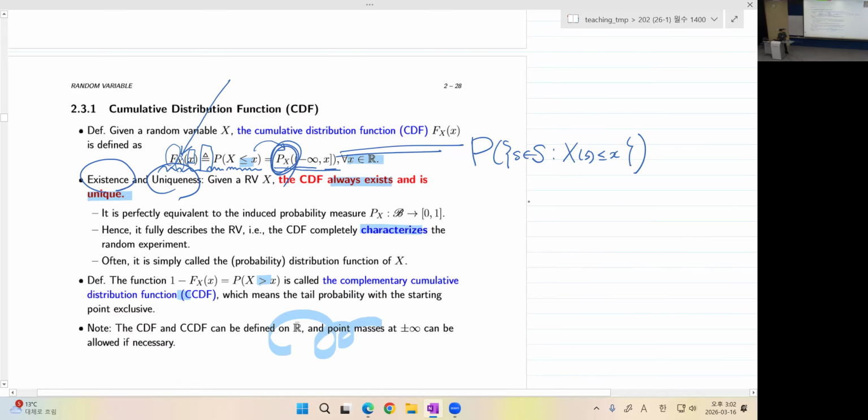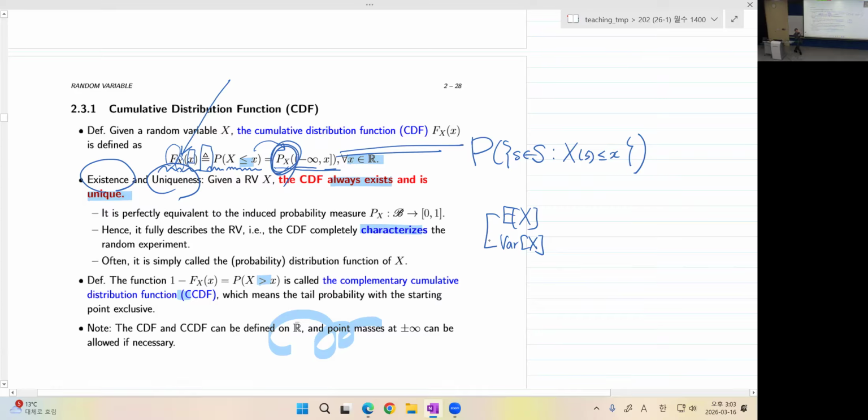Okay? So full description is very, very important because it's different from partial description. As you remember, you know what the mean and variance of a random variable are already, right? There are many different random variables having the same pair of mean and variance, right? So mean and variance may not fully describe a random variable.